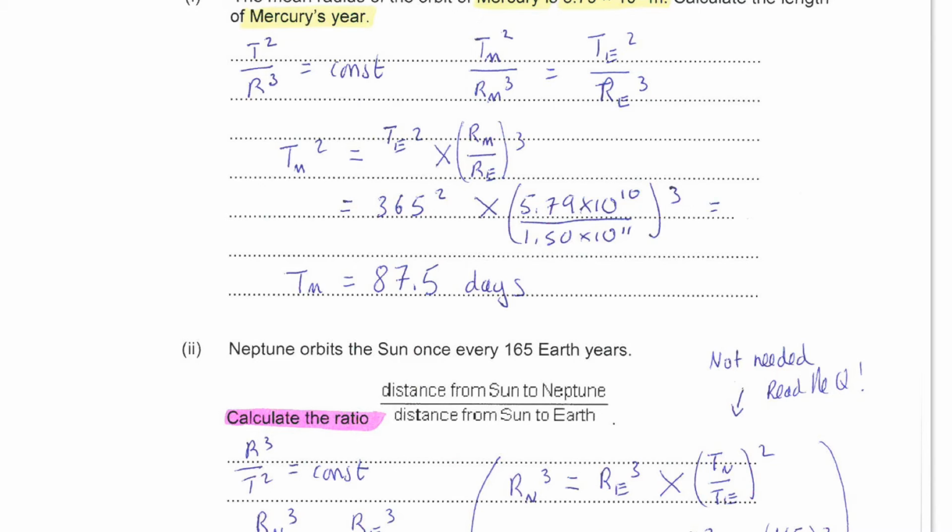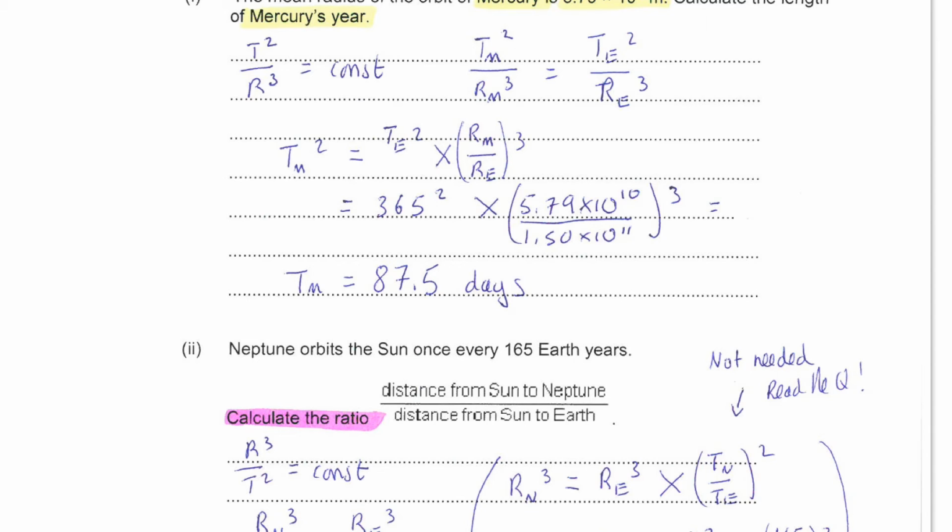Now if you don't see that from the sense and logic of it, then do go back a step and start here, where you know that T squared divided by r cubed is a constant. And then putting in subscripts for your 2 situations, which were Mercury and Earth, and careful rearranging will get you to this point.